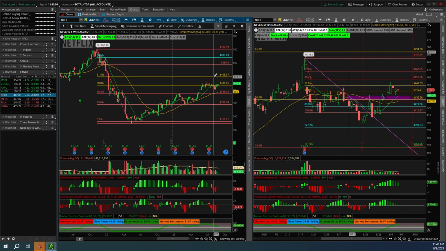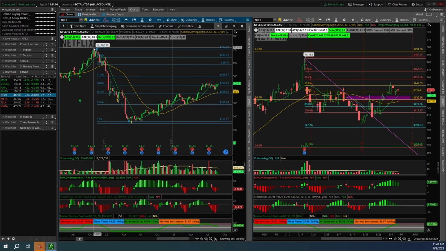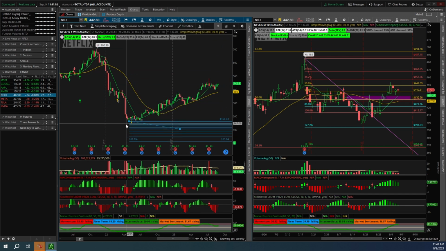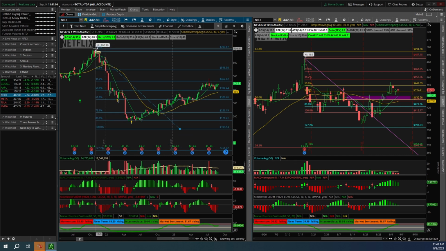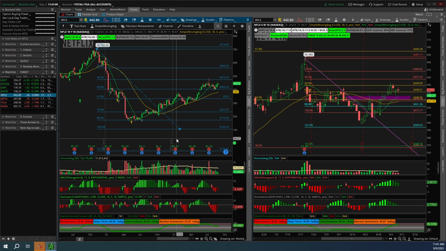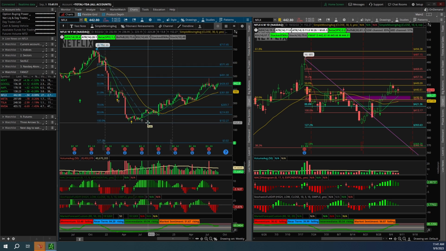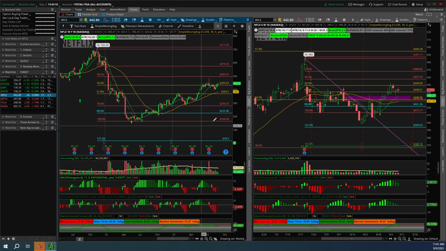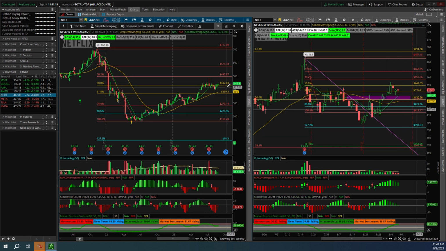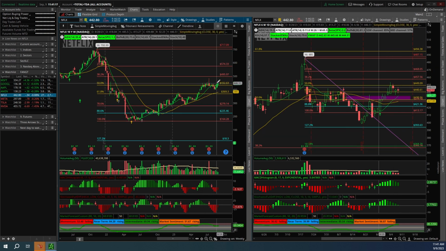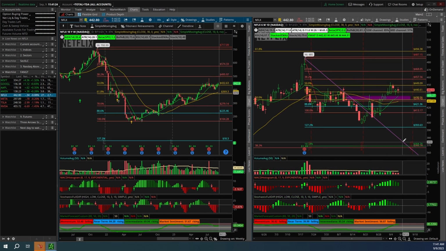There is some resistance at the 61 level. I'm gonna change this one. Okay. So we are at the 50 level. Critical area. We will see if it really confirms this move to the upside or not on the weeklies.